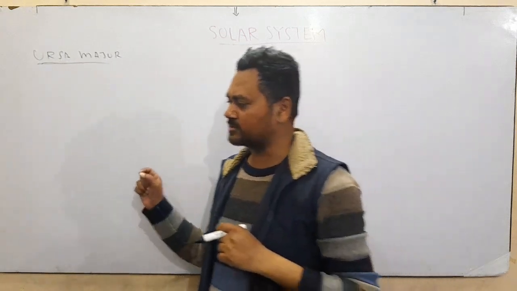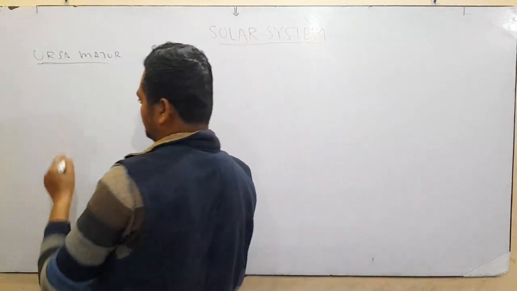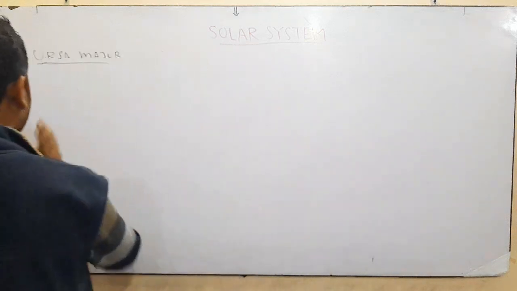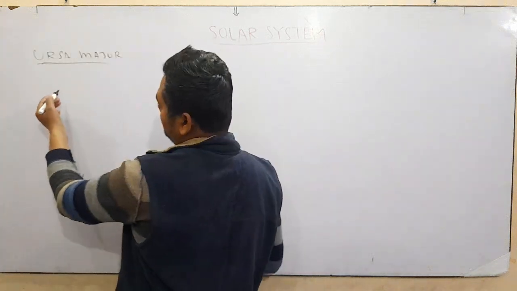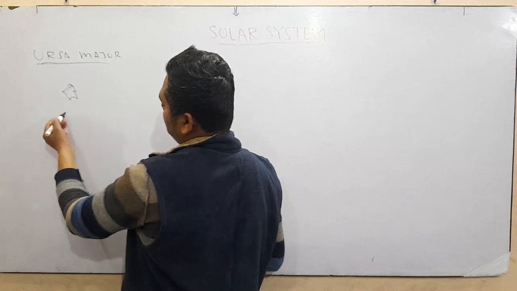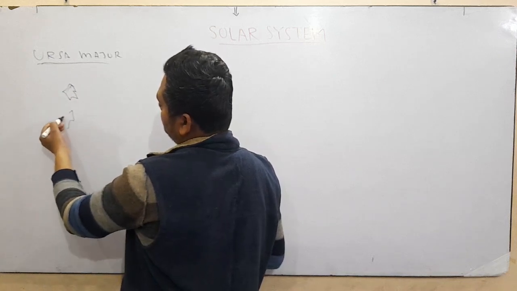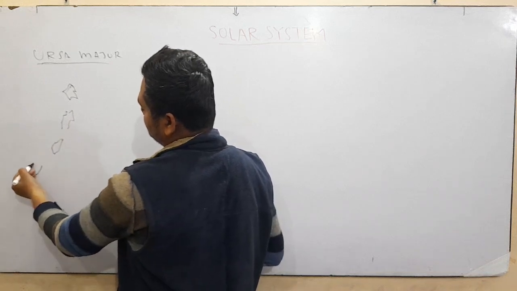It is always visible in the north direction. Let's assume this is the north direction. Okay, the board is in the north direction, so there will be 4 stars like this, by the way. In fact, these are 5 stars.